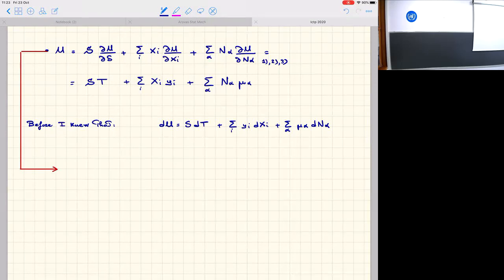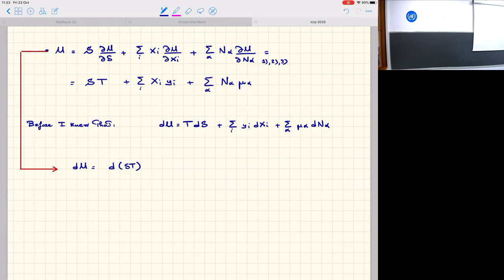So now I take this formula and I take its differential. dU is equal to T dS, oh, okay, T, yes. Sorry. It's the entropy that didn't want to be differentiated.